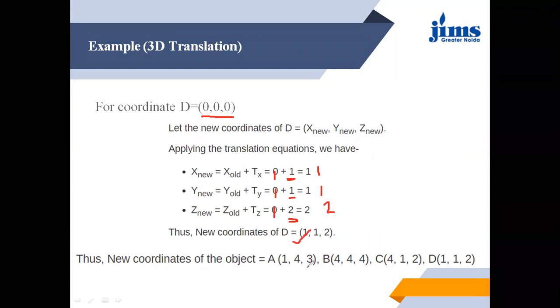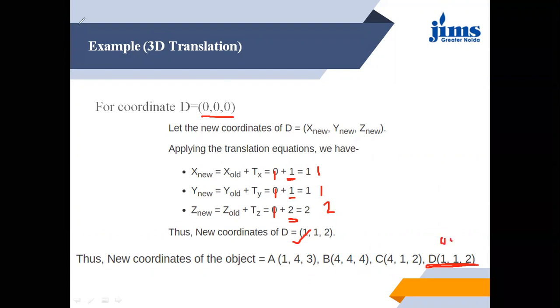Now we wrote these new coordinates of these points. Earlier the value of D was 0, 0, 0.